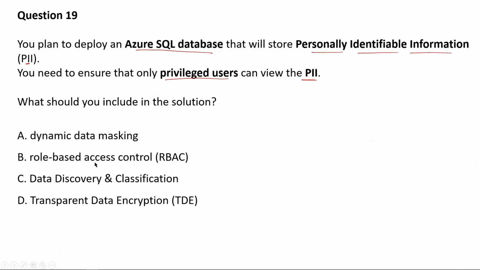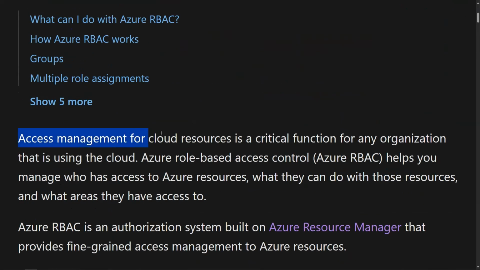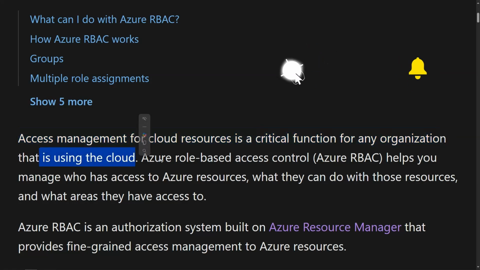Next is role-based access control. Again, we are on learn.microsoft.com. What is Azure role-based access control? Access management for cloud resources is a critical function for any organization that is using the cloud.